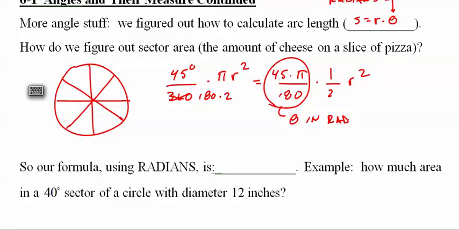So this is what happens when you get to adult, for lack of a better way to put it, trigonometry. Everything's in radians. So the area is 1/2 theta r squared. This is in radians.